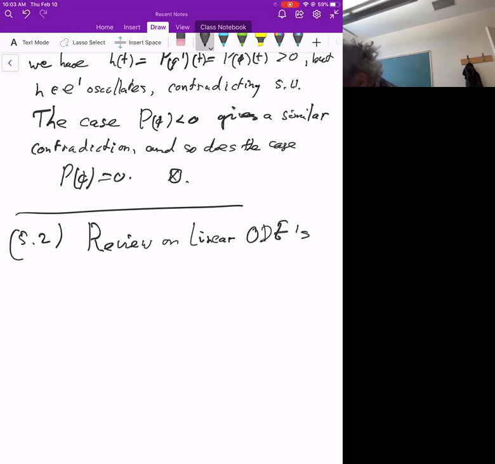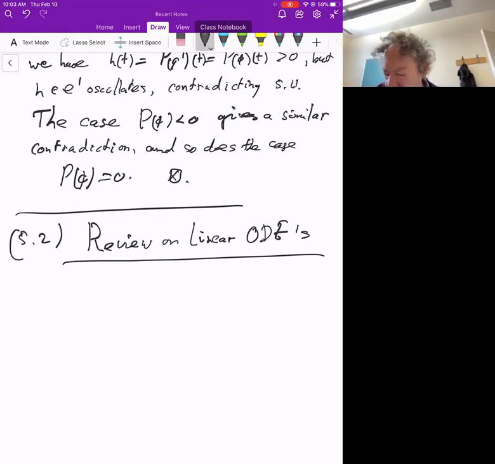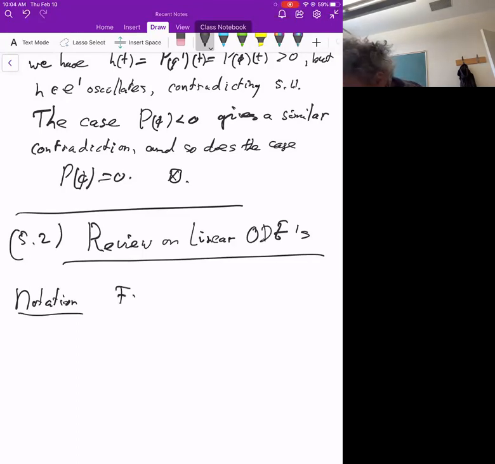This is standard material that you can find in any reasonable book on differential equations, but I think it would be good to review that and also introduce notation that we are going to use.